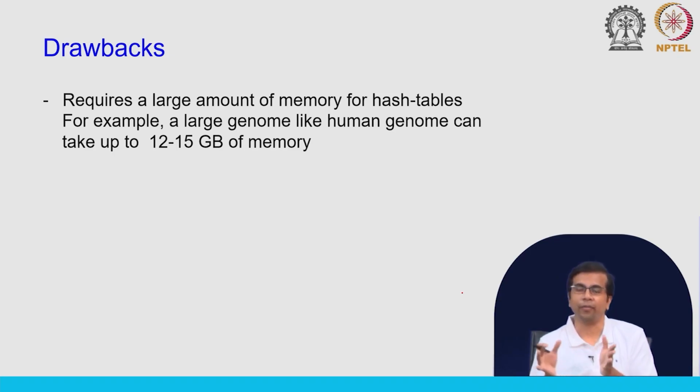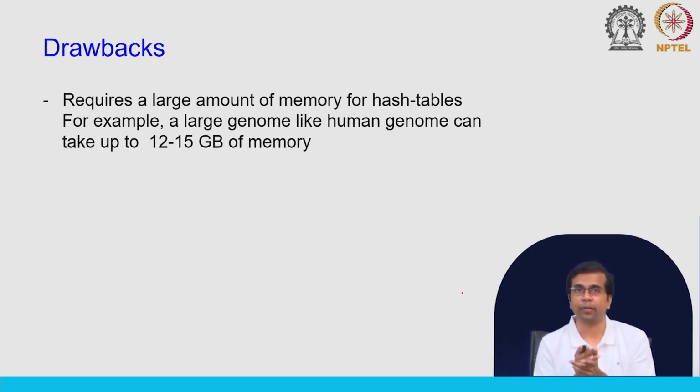If you want to store this on a hard drive, you also need to provide space. When running the tools, you will have to load that data in memory. That is why the whole process is very fast, because the whole hash table is in the memory of the system, and you can simply search the seeds from the read against this hash table. So if you have to load this whole thing in memory, it will take a lot of space.